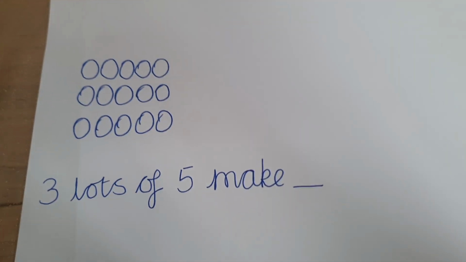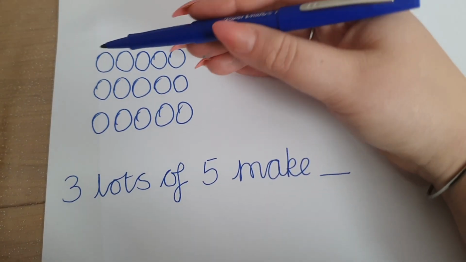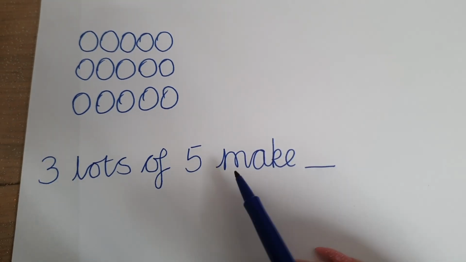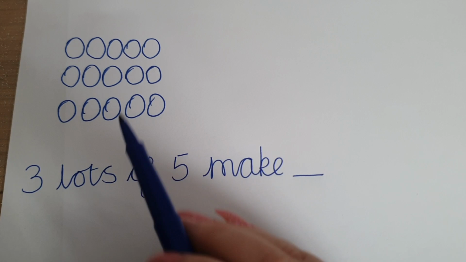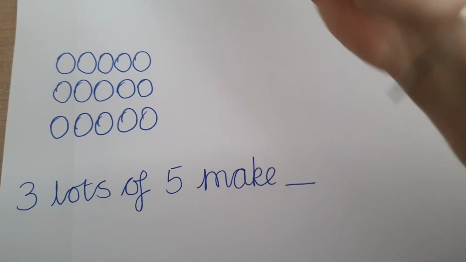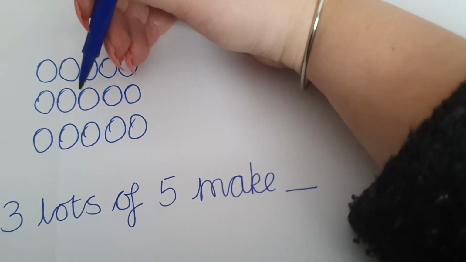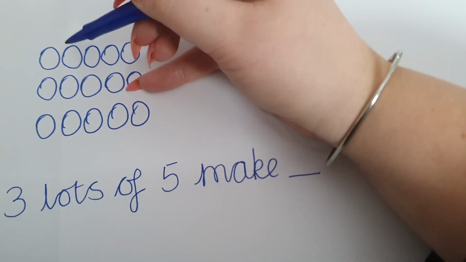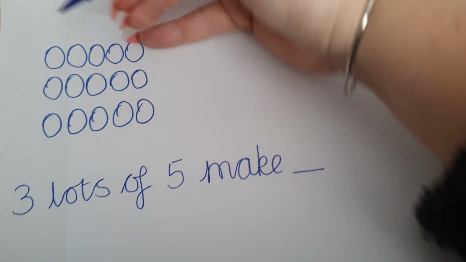Now here I have an array. I have 5 going along and 3 going down. I have 3 lots of 5. If I have 3 lots, I know that I need to make 3 circles. So I'm going to group them into 3 equal circles. Now if I was to group them down this way, it wouldn't work because there wouldn't be 3 groups.